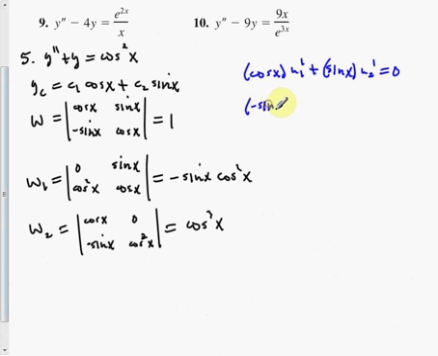Negative sine x times u sub 1 prime plus cosine x times u sub 2 prime is equal to f of x, which is the cosine squared x.